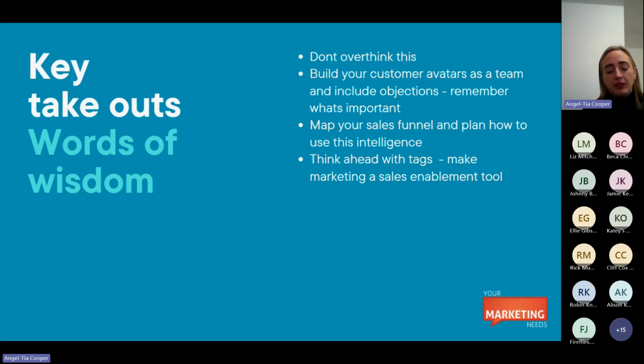I can't emphasize enough how important tagging data is to allow you to undertake any of this segmentation or any of this more personalized marketing.